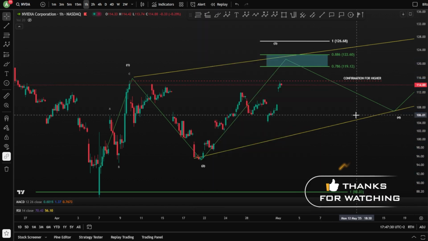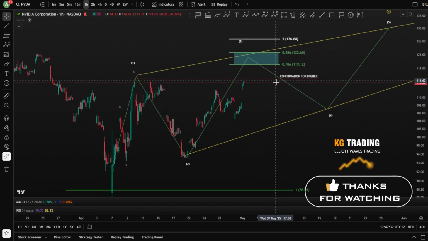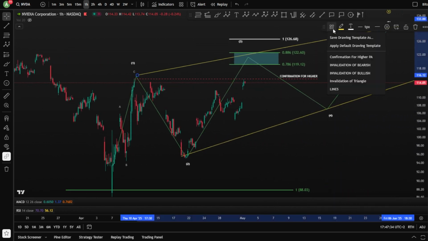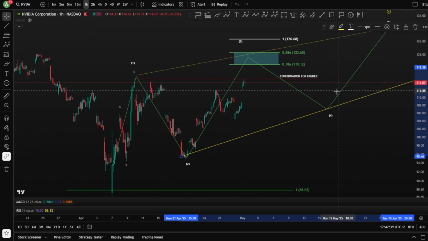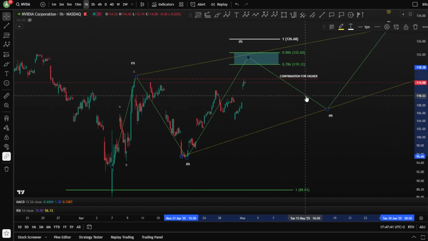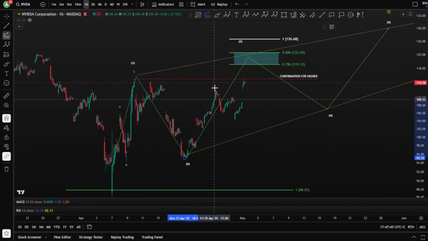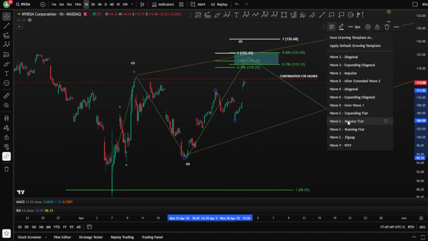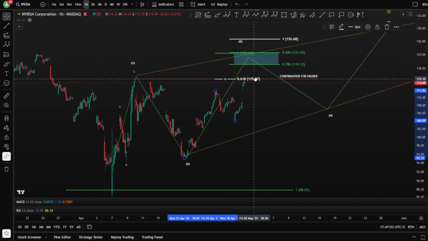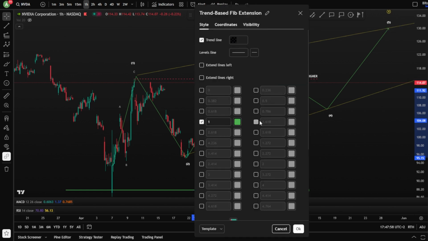So let me reduce the things to make it less busy on the screen, less chaotic. Here we go. All right, so basically, I'm still looking for one more leg. Now, to make it much more in confluence, this zigzag, you would like to hit the 1-to-1 fib level, actually, as a zigzag here. So your 1-to-1 fib level is exactly in confluence with 0.886.